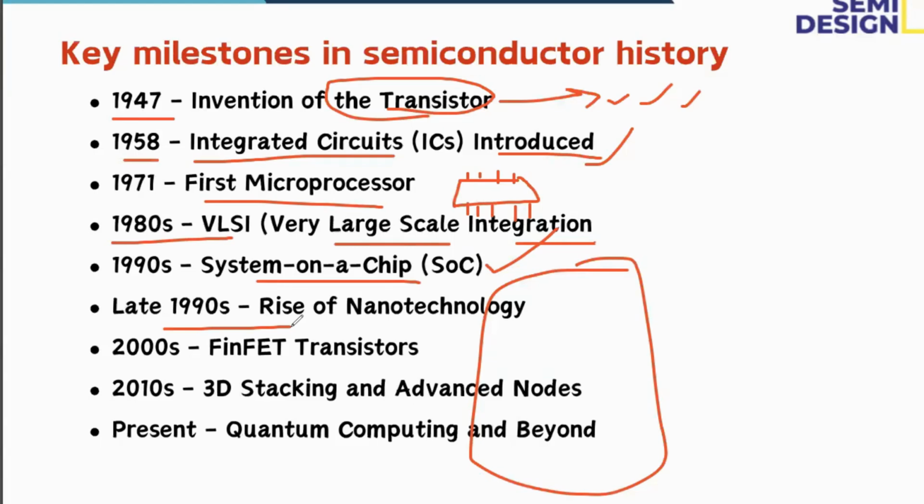From macrometer to nanometer, the size is reducing. Whenever the size is reducing, what happens? Automatically the power consumption reduces, and the number of transistors in the chip also increases. So that is nanometer technology. And then FinFET technology: from CMOS technology, we have moved to FinFET technology.